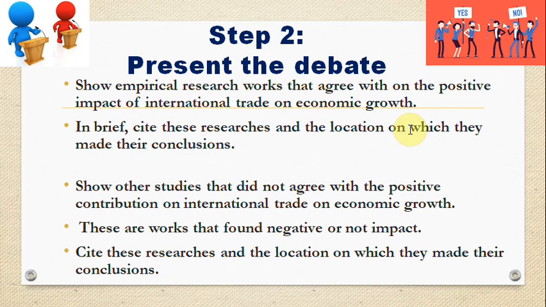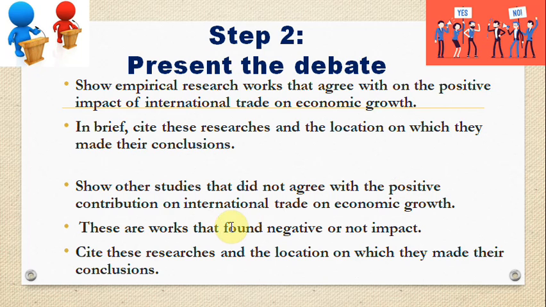The person who did it in South Africa could have found a positive impact. The person who did it in China could have found a positive impact. The person who did it in Rwanda could find negative impact. The person who did it in Saudi Arabia could find negative impact. So having shown the positive impact, you also show other studies that do not agree with the positive impact.